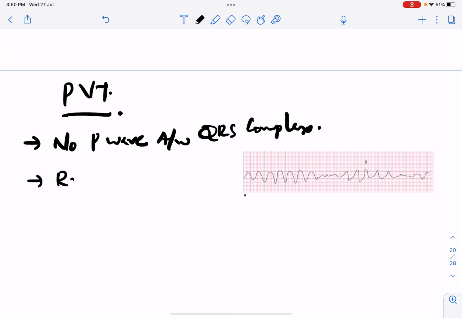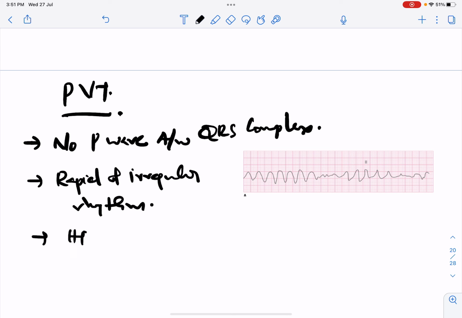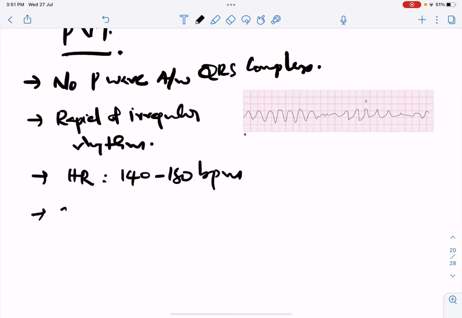Again, rapid and irregular rhythm. Heart rate will be around 140 to 180 beats per minute. QRS complex will be wide, that is more than 120 milliseconds.